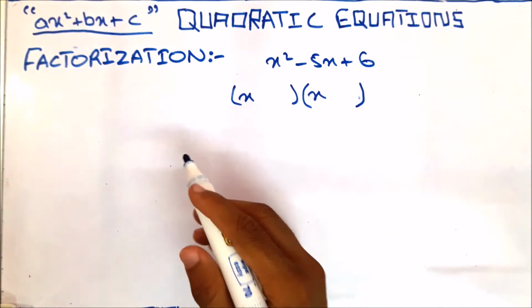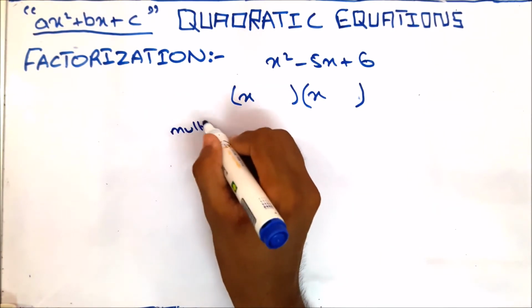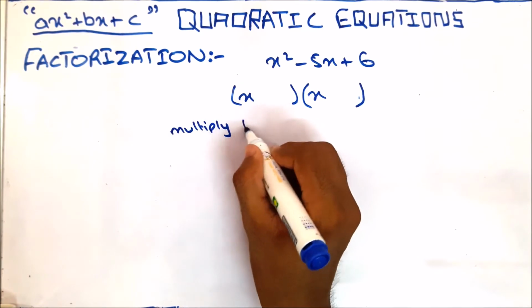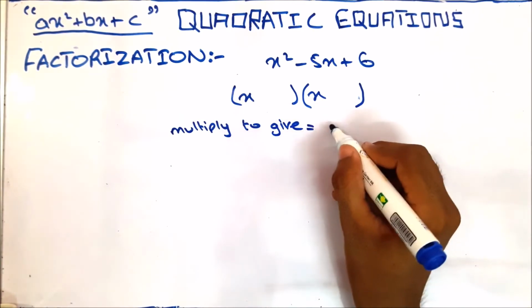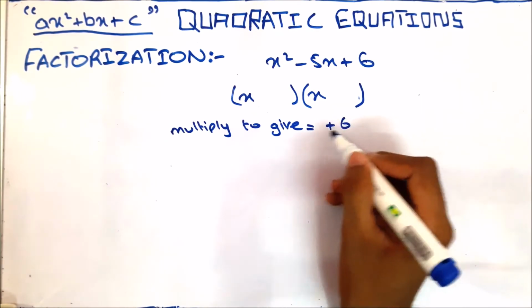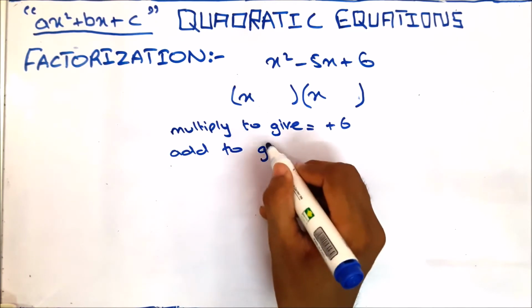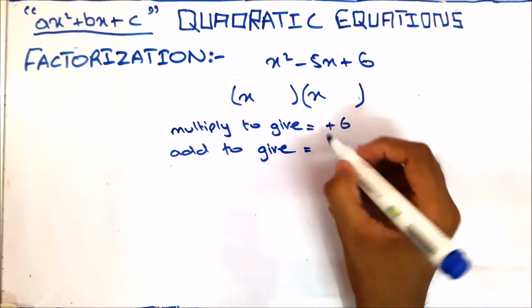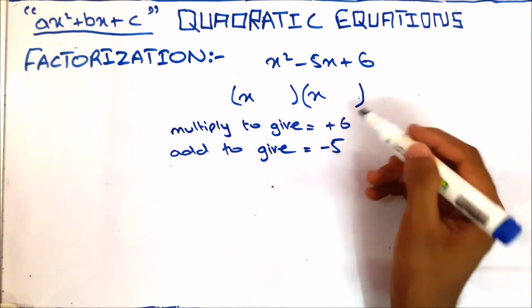Okay, so we need 2 numbers which multiply to give positive 6 and add to give minus 5. How do we know that we have to get this 6?